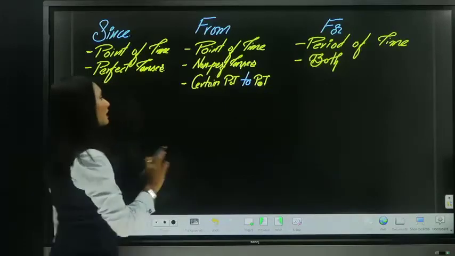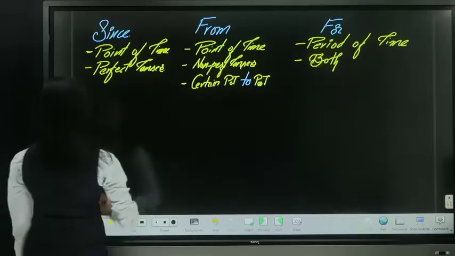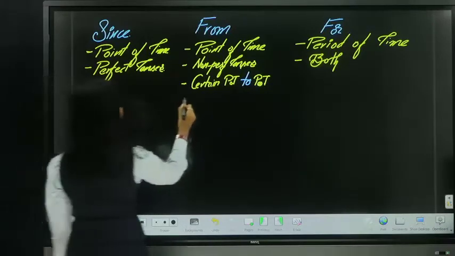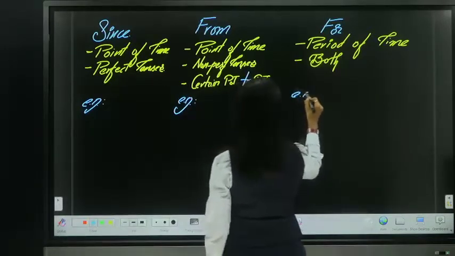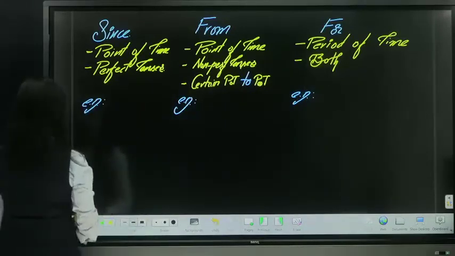Now, having learned the difference and the usage, let's see some examples. Let me give an example for each of these so that you'll understand the difference. Let me take a simple example here.